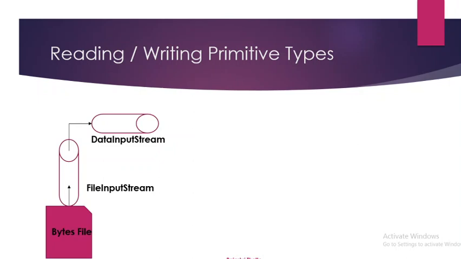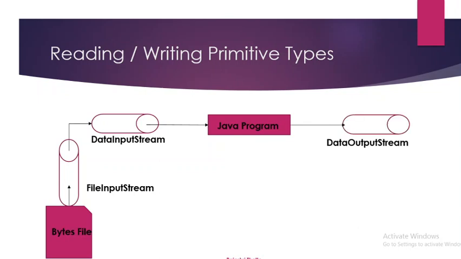After that, whatever data you have read by using primitive types can be used directly in the Java program, and on this data we can perform some operations, some transactions, and whatever result you get, this result again we can save to the class object of DataOutputStream.